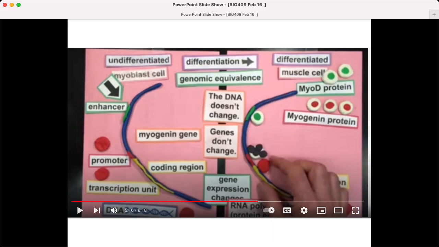There are lots of proteins that bind to the promoter, and that's one way a protein like MyoD can help the rate limiting step and get myogenin transcribed: by helping get those proteins bound to the promoter and RNA polymerase in place. It's called the preinitiation complex.